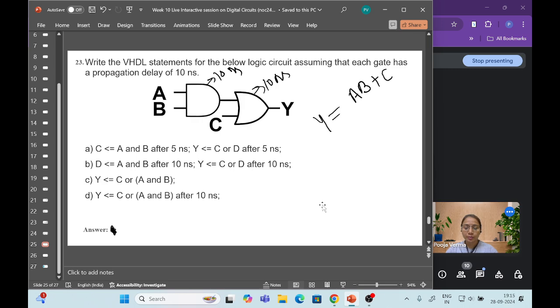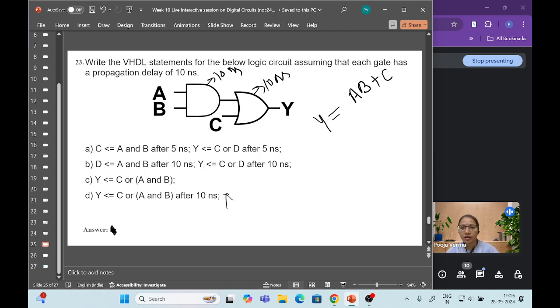Option B is D equal to A and B after 10 nanoseconds, Y is C or D after 10 nanoseconds. Option C is Y is C or A and B, and option D is Y is equal to C or A and B after 10 nanoseconds. Option D can't be correct because we have to take 10 nanoseconds for this gate delay and 10 nanoseconds for this gate delay.